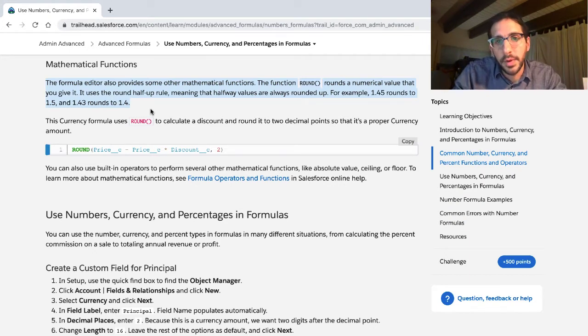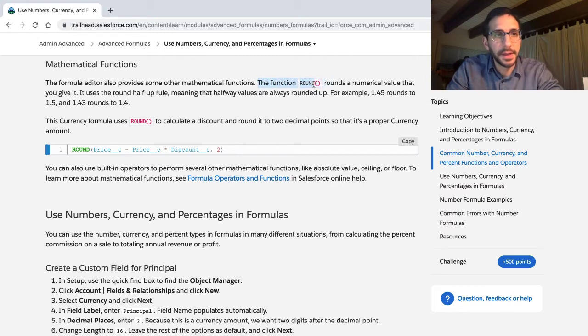Oh, I thought 1.45 would round to 1. Great. Are we going to whole numbers? Right? Okay, so the function rounds the numerical value that you give it.